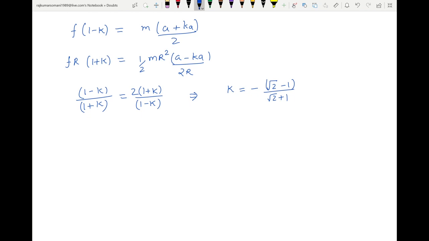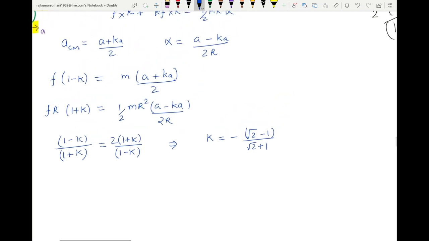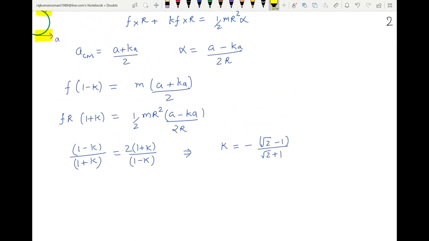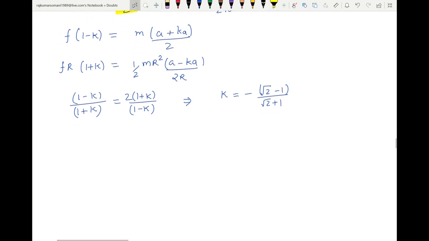The question asks for the acceleration of center of mass of the bottommost cylinder, and we know that it is A times 1 plus K by 2.